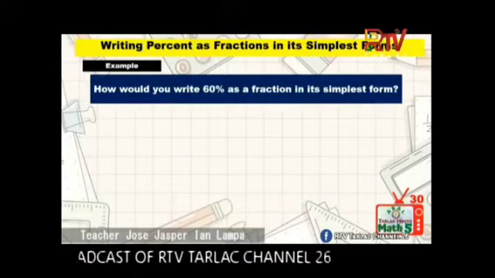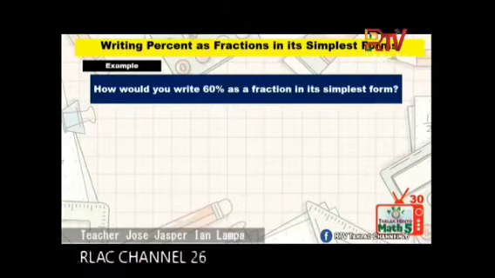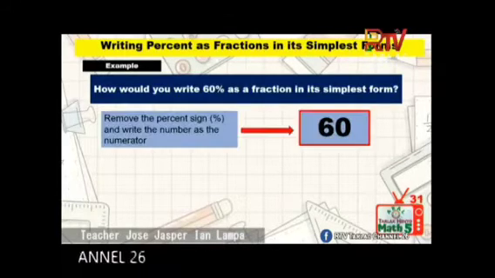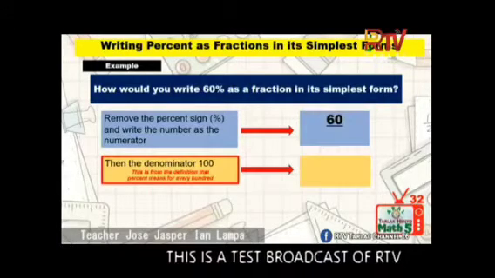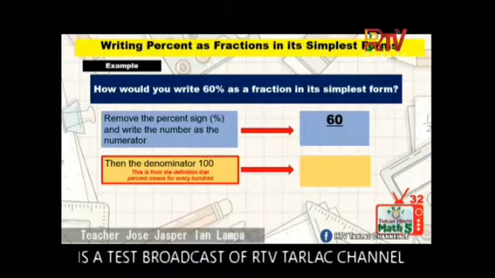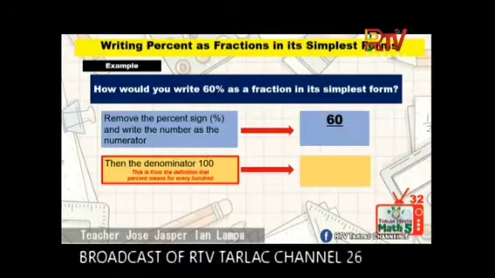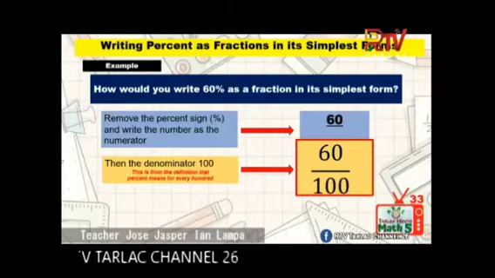How would you write 60% as a fraction in its simplest form? First, remove the percent sign, so what remains is 60. Then, write this number as your numerator. Now use 100 as the denominator, so we will have 60 over 100, or 60 hundredths.